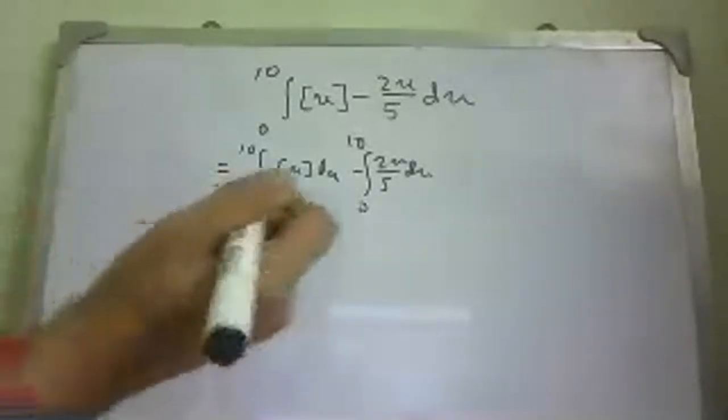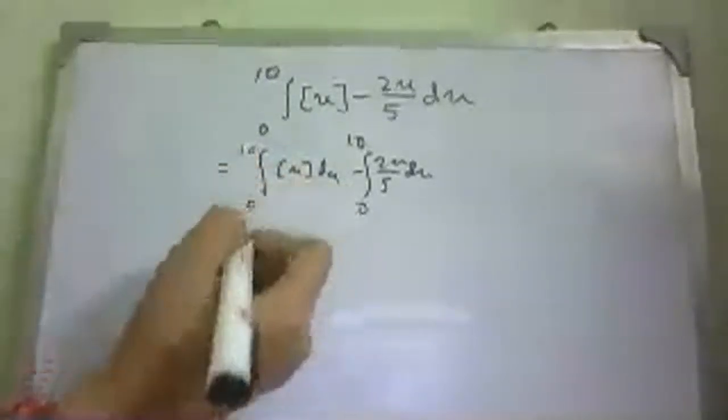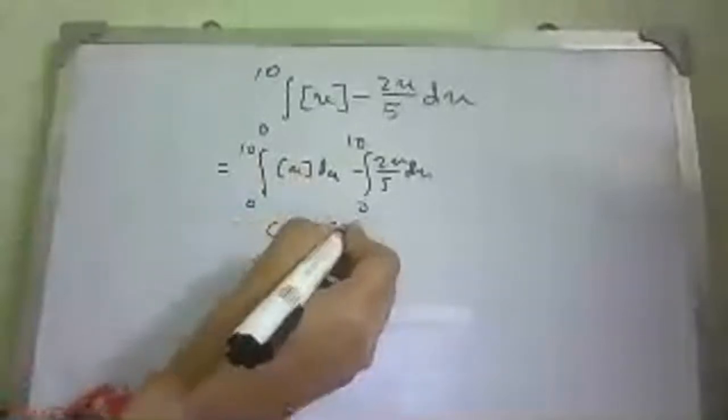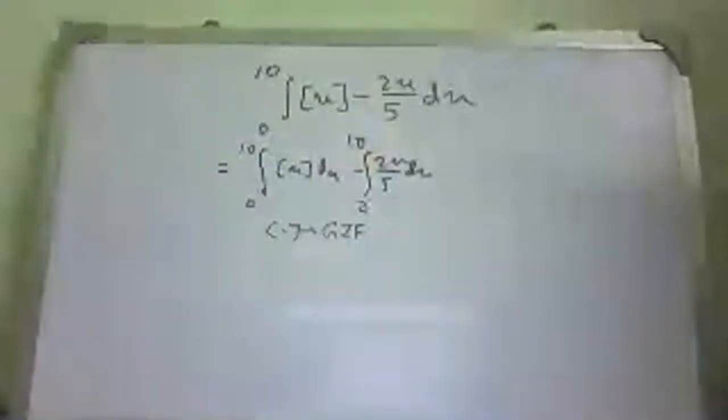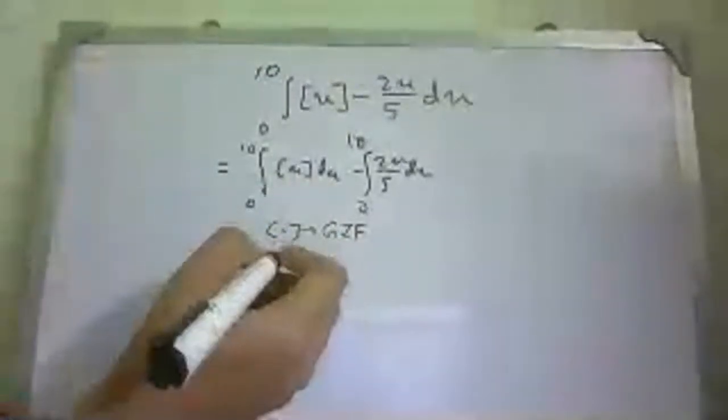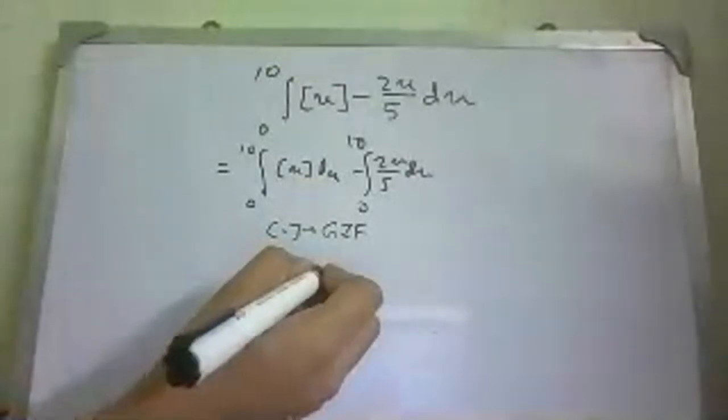And what is this particular function? This particular function is nothing but the GIF function. What is the GIF function? It's the greatest integer function. The function of this is to find the largest integer which is smaller than x. So that is also the floor function. We also call it the floor function.